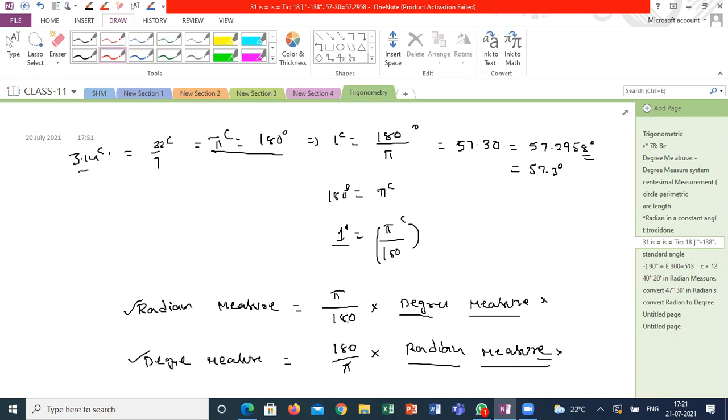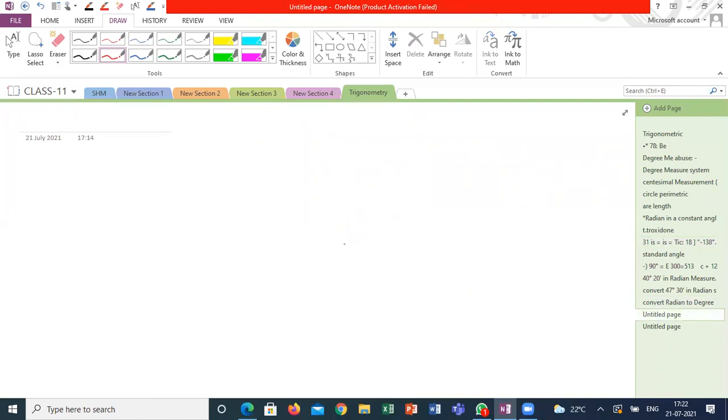Radian measure will be useful if I am adding degrees to general real numbers in numericals. We will convert into radian measure and we will add. Yeah, one more question based on this.